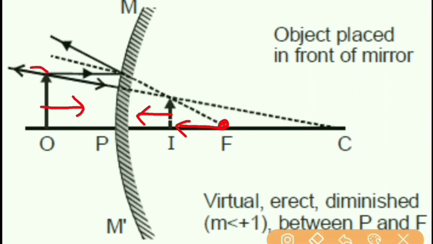The size of the object will always be larger than the size of the image in all the cases. For a convex mirror, the size of the object will always be larger than that of the image. And the image for a convex mirror will always be virtual and erect.